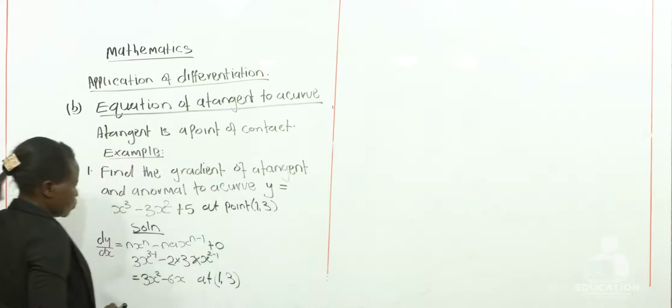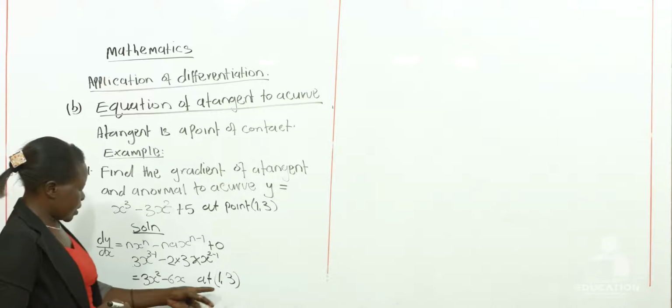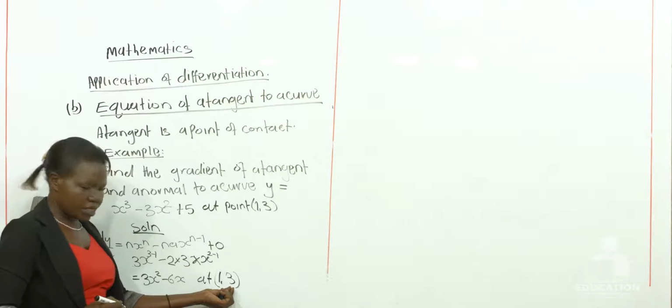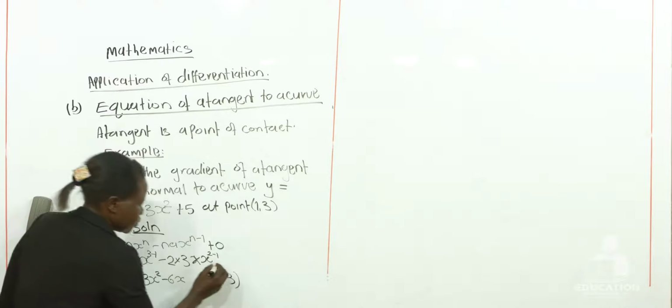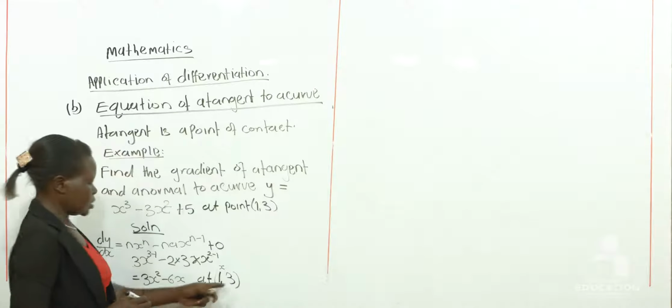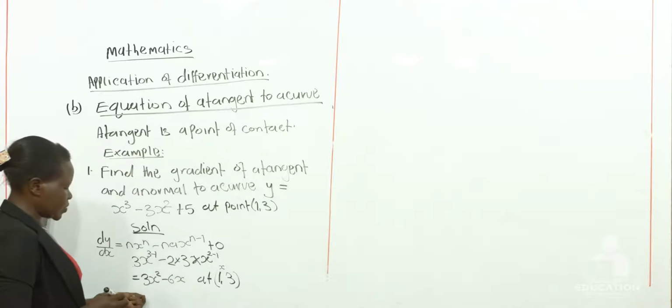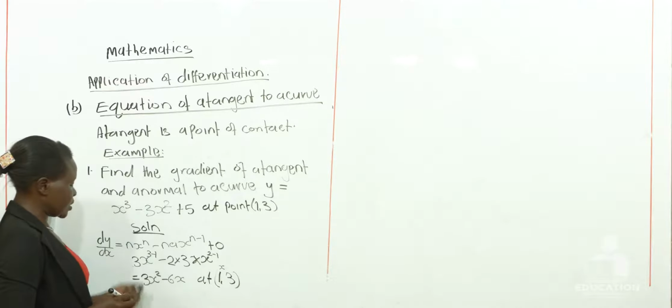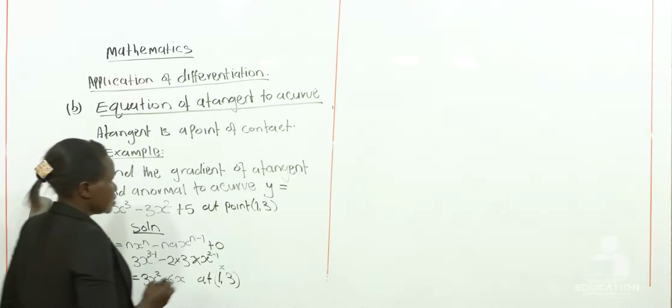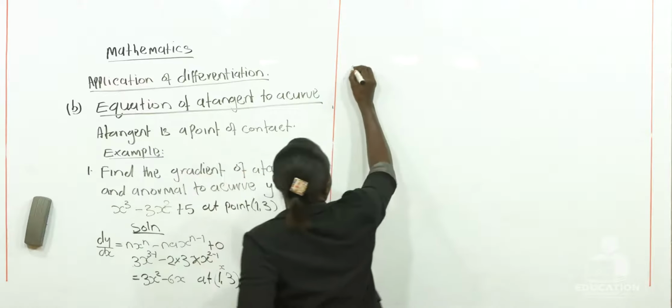Now you substitute. You look at your given points, which are 1 and 3. This is for x and this is for y. After differentiating, you have to substitute the value of x with the given points so that you can get the gradient.